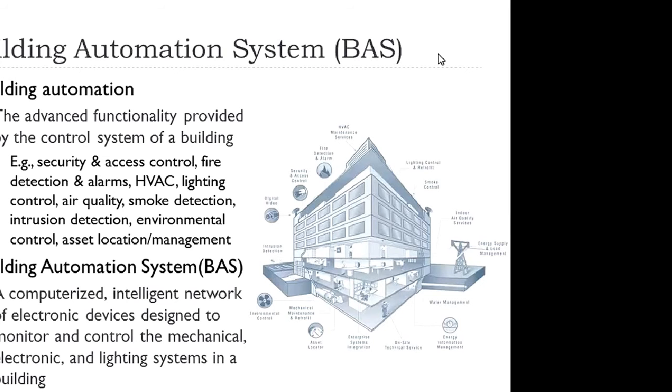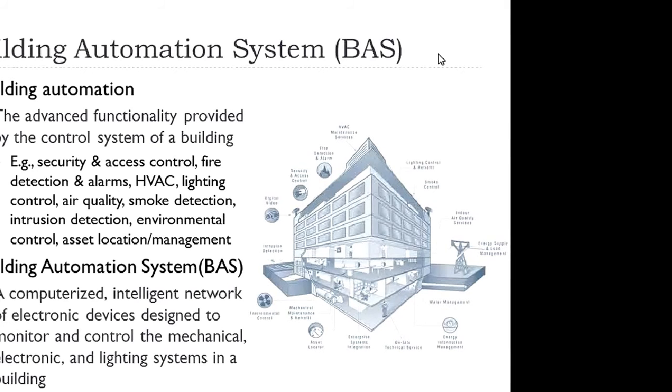Smoke detection, intrusion detection, environmental control, and so on. So many more aspects of the same problem, automating a building in general, which might be a residential building or bigger building like an office building or an industrial building.